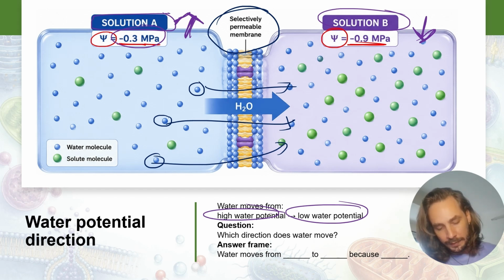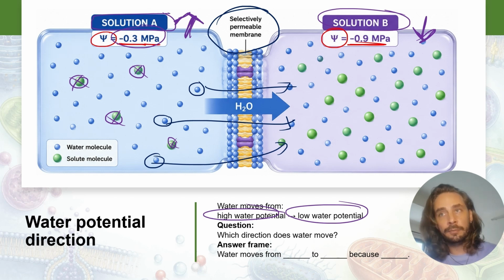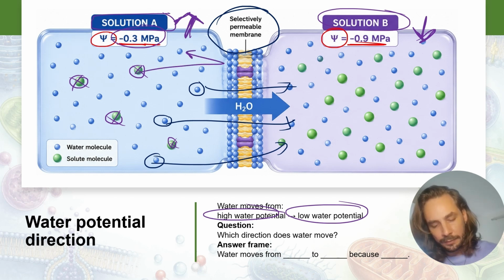Now, what is important to remember is that it is not the solutes that move. These solutes are not moving across the membrane because they can't. Over here I have a high solute concentration, and over here I have a low solute concentration.